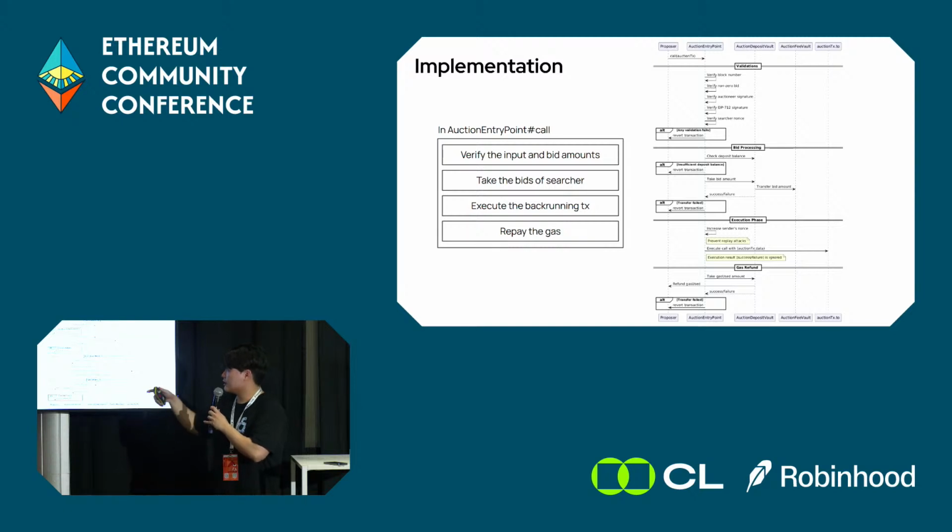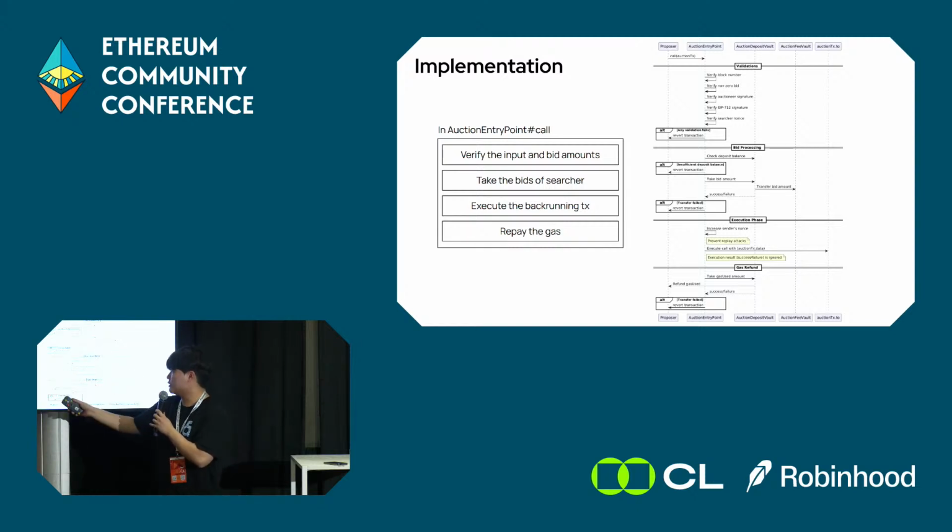Then the execution phase simply executes the call data from the searcher, and finally we get the gas refund. If any of the processes other than the execution phase fails, we revert it all.